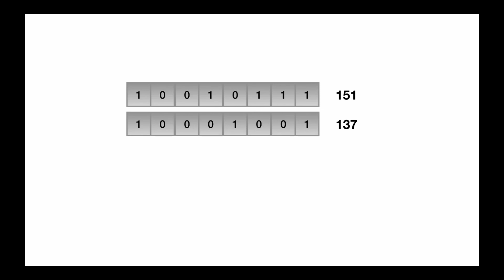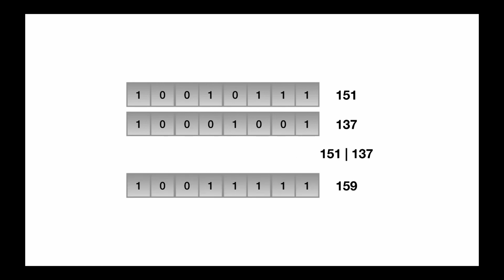Similarly, if you want to do an OR operation between these, the bitwise OR operator now takes the bits in the same index and converts that into an OR result. So 1 or 1 is 1, 1 or 0 is also 1, 0 or 1 is also 1, they all become 1s. 0 or 0 becomes 0.